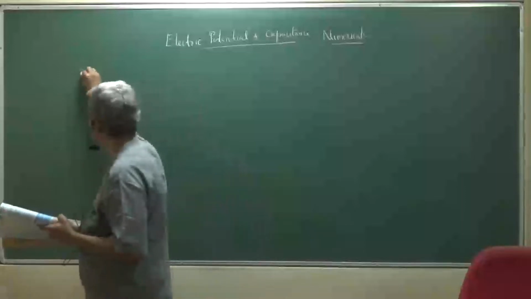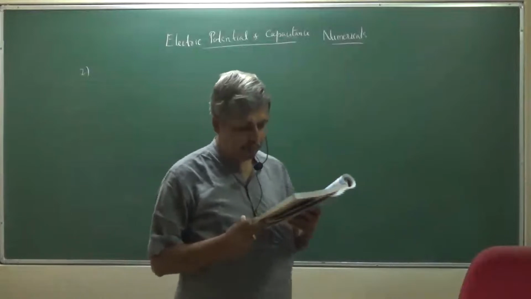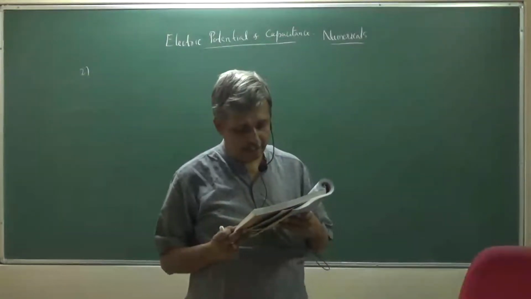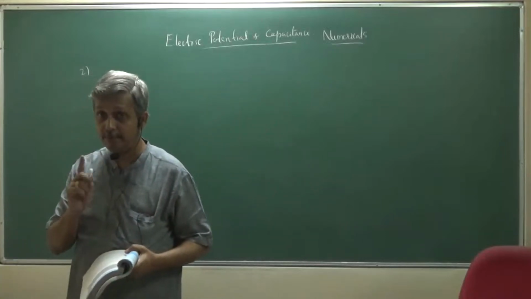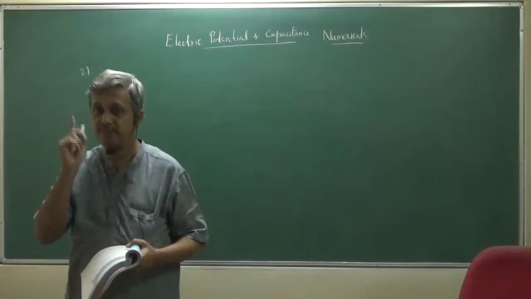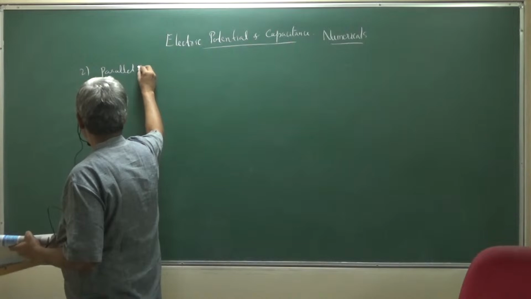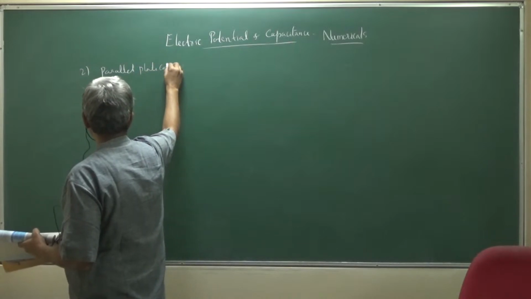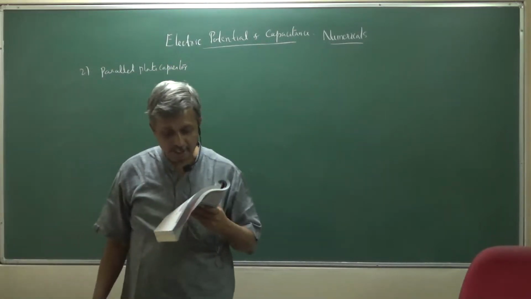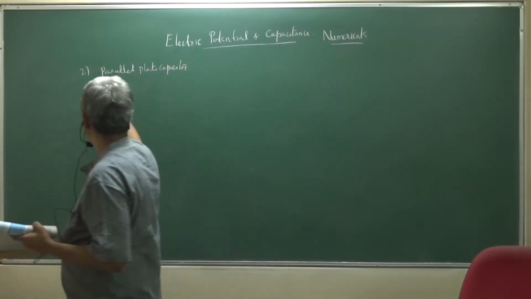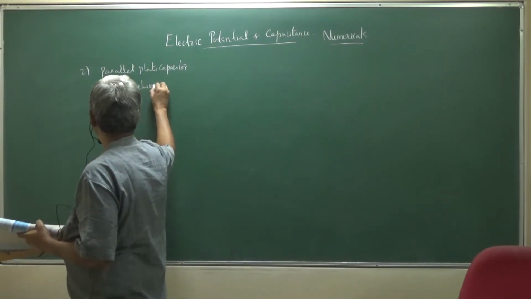The next question is a parallel plate capacitor with air between the plates has a capacitance of 8 picofarad. So we are writing the important words. One is that it's a parallel plate capacitor. It's important information, because a formula is there for a parallel plate capacitor. The second point is that there is air in between them.